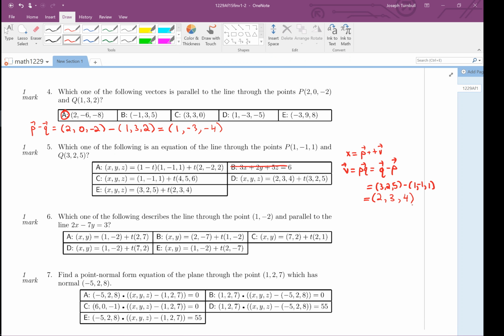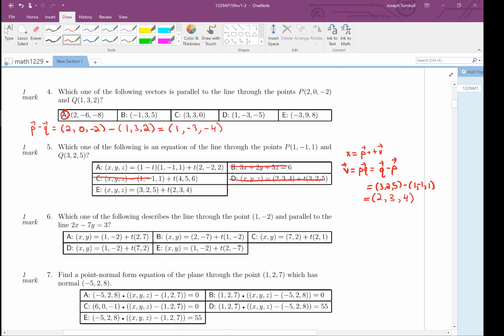And we don't have any of those in D. We have 3, 2, 5. That's not our direction vector. It has a 2, 3, 4, but it's in the wrong spot. That's a point, and a direction vector is multiplied by t. So I'm going to get rid of D. And let's see. Point C, the direction vector is wrong: 4, 5, 6. It's not a multiple of 2, 3, 4.